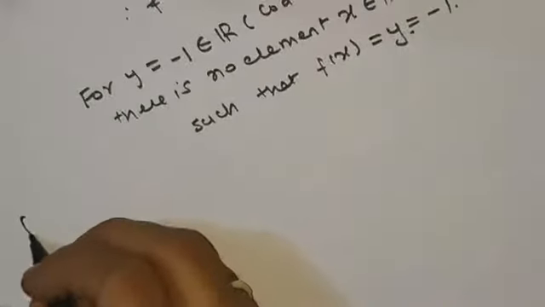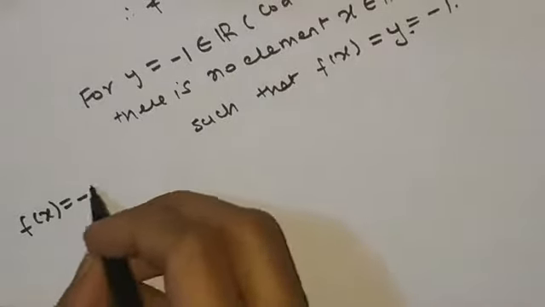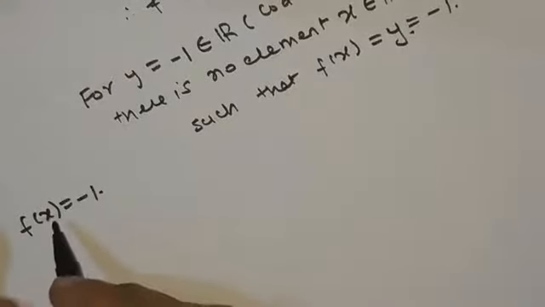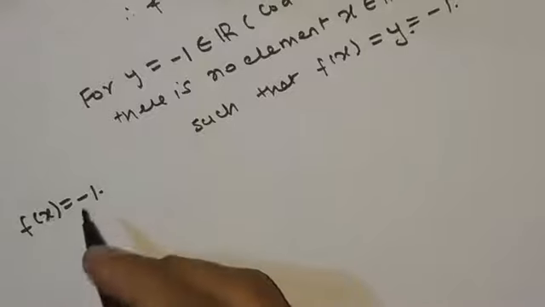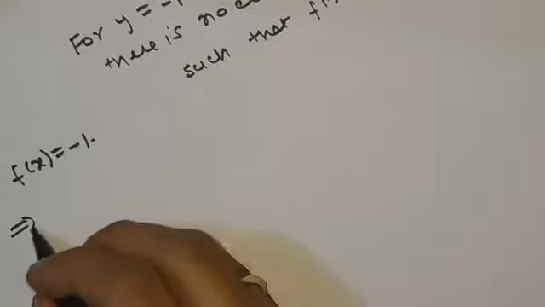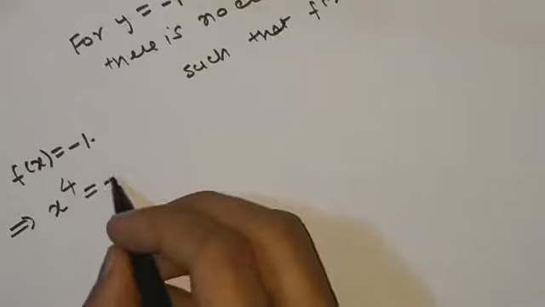Because if you take f(x) = -1, that is, if you find an x such that f(x) = -1, then what you are getting is x^4 = -1.